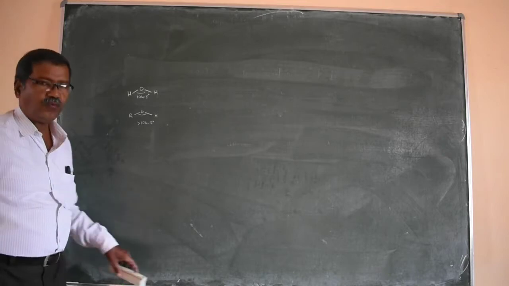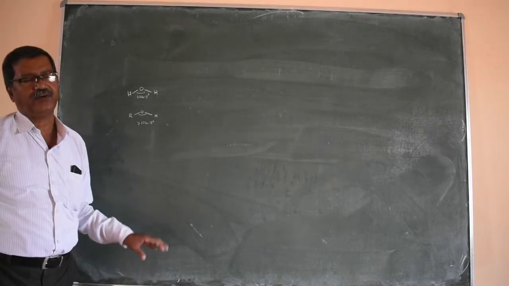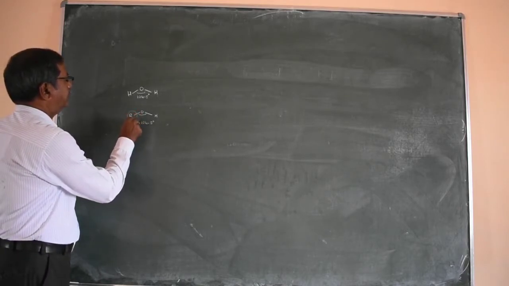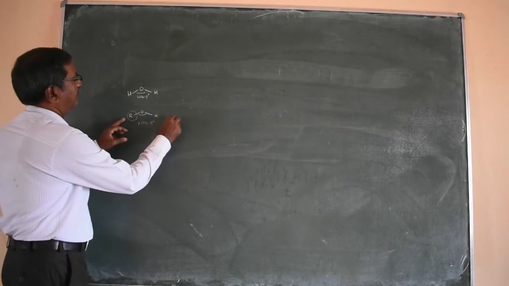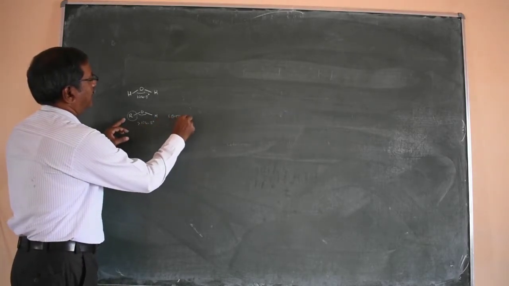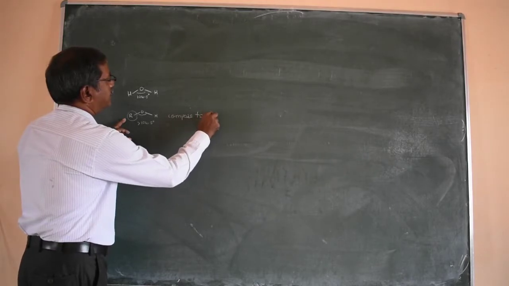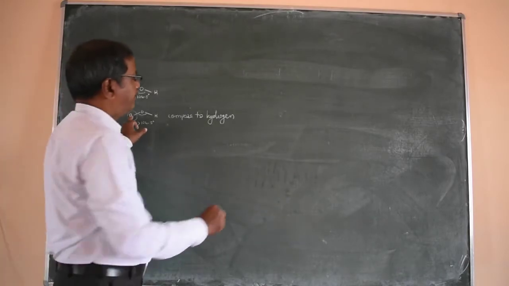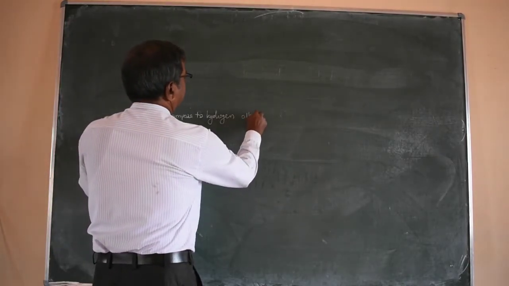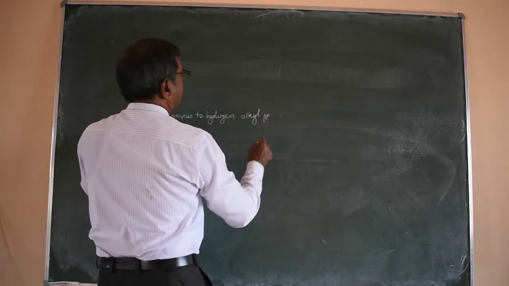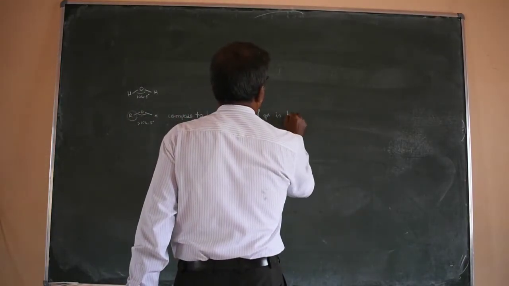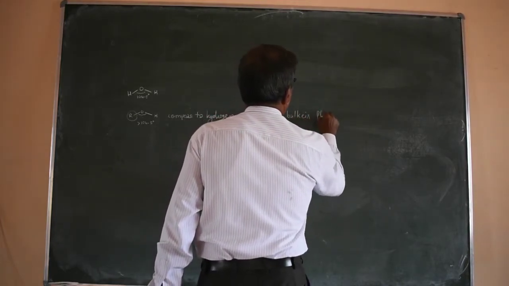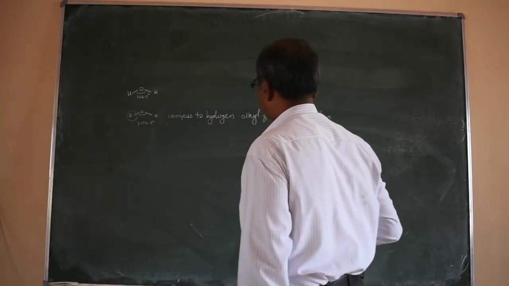The question arises, why is it greater than 104.5 degree? This is because we know this group is a bulky group compared to hydrogen. The alkyl group is bulkier compared to hydrogen.